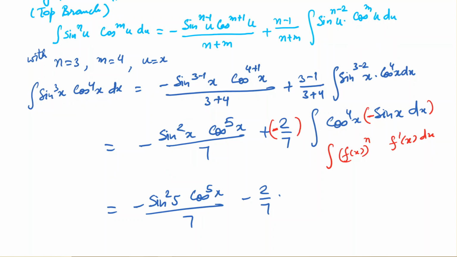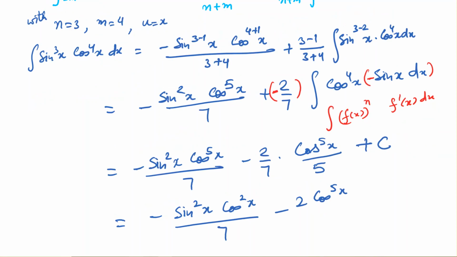Thus we get the integral of this would be cosine raised to power 5 x over 5 plus c. And in the next step, 7 times 5 is 35 in the denominator. And this is our overall solution to the given problem.